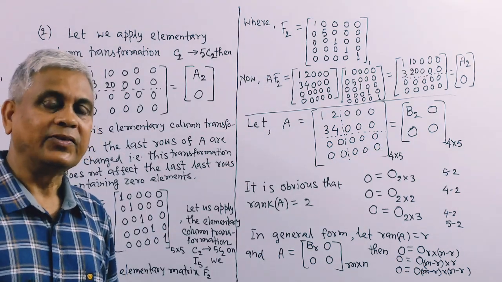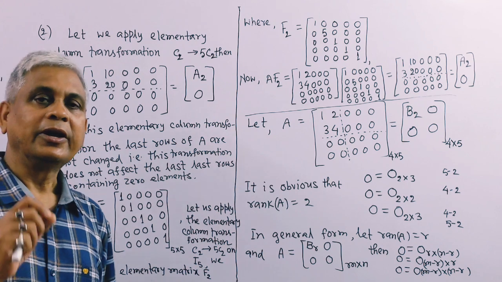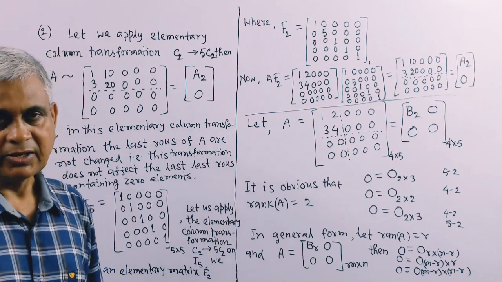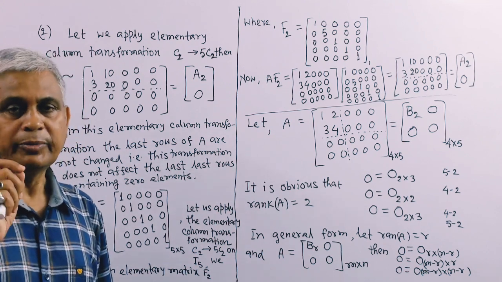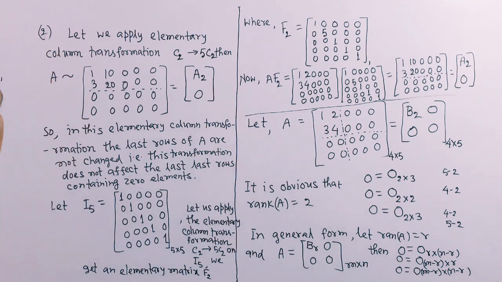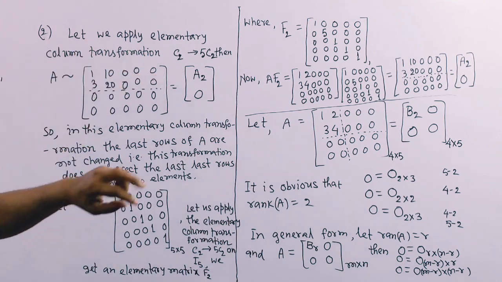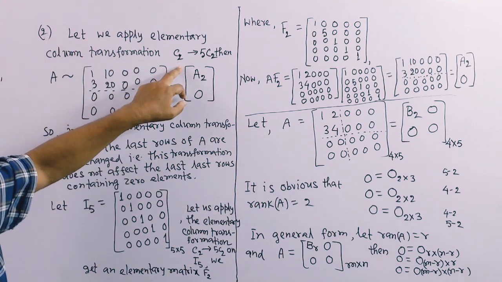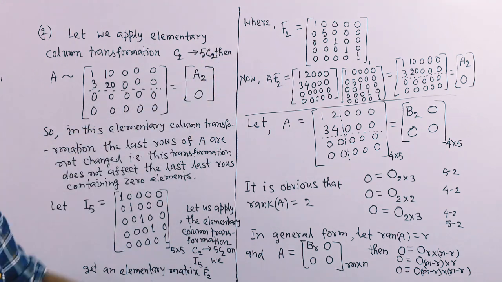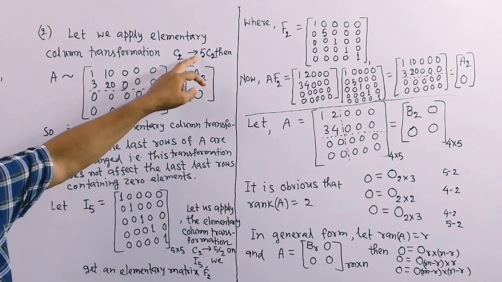Now we apply the second kind of elementary column transformation on matrix A. Let us apply the elementary column transformation C2 ⇒ 5C2. This means we multiply each element of column 2 by 5.